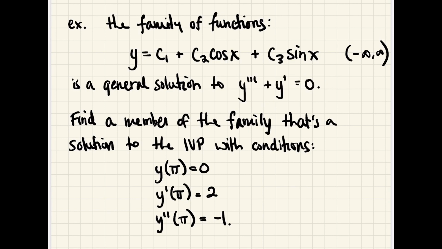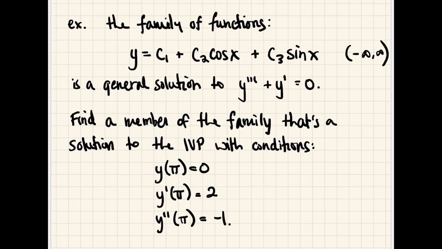Notice that preliminarily, at least, that's an acceptable claim because we have three parameters and this is a third order differential equation. We are going to use the initial values here to determine what those three parameters are, and then we'll have the particular solution to the initial value problem.